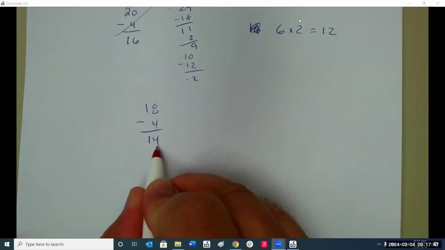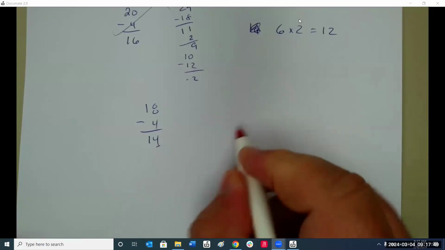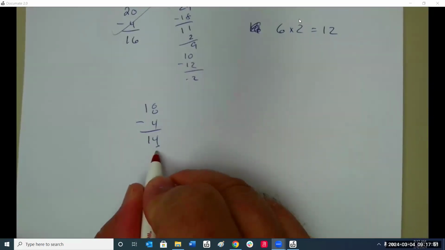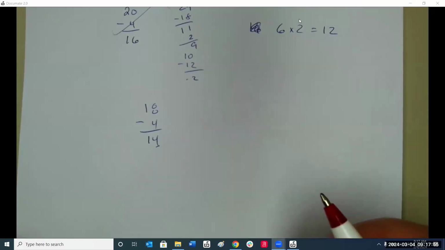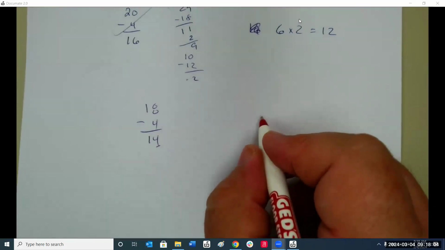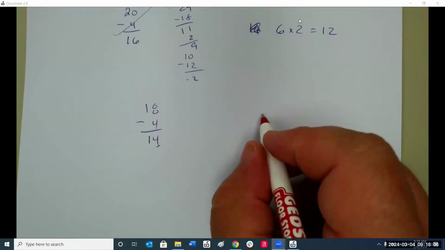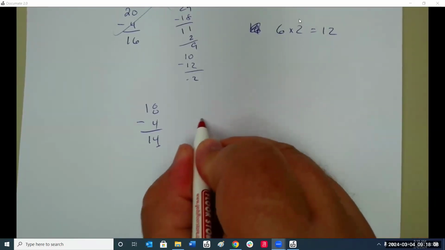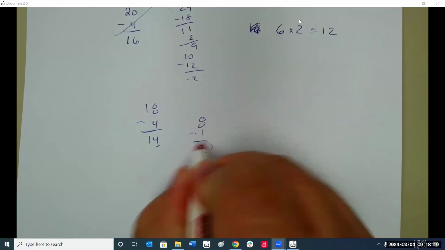So take the last digit times 2 is 8. Eight minus 1 is 7.